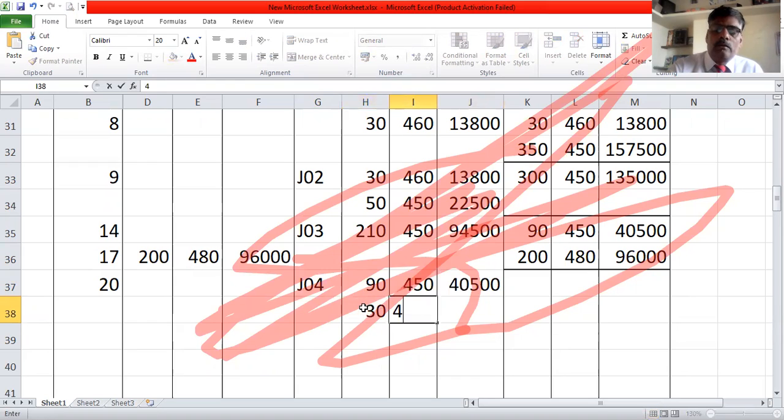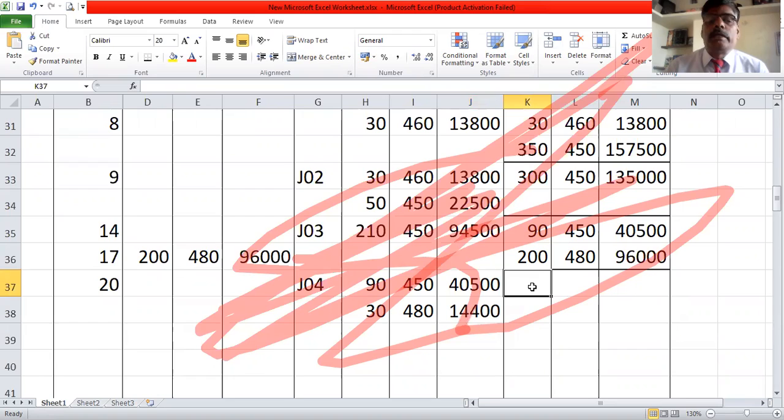30 units at the rate of 480. Multiply these two. 30 into 480 is equal to 14,400. Okay. Now balance is first lot completed, second lot 30 units issued.